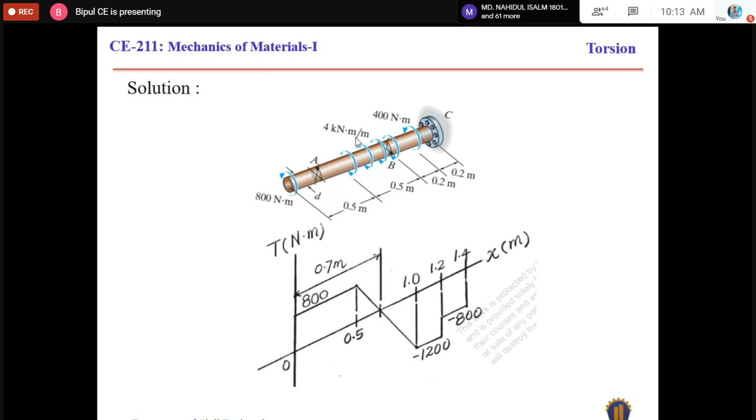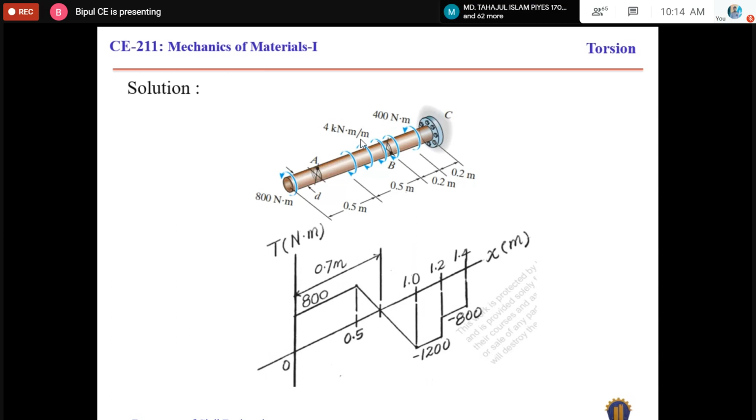So the total length is 0.5 meter, so the total applied torque will be 4 times 0.5, that means 2 kilonewton meter.